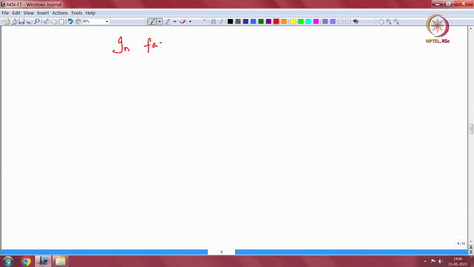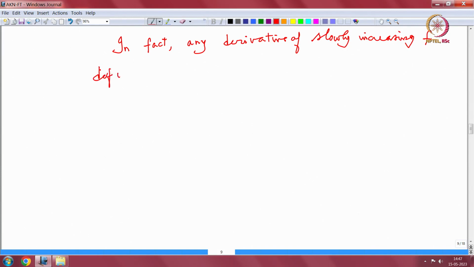any derivative of a slowly increasing function f defines a tempered distribution.